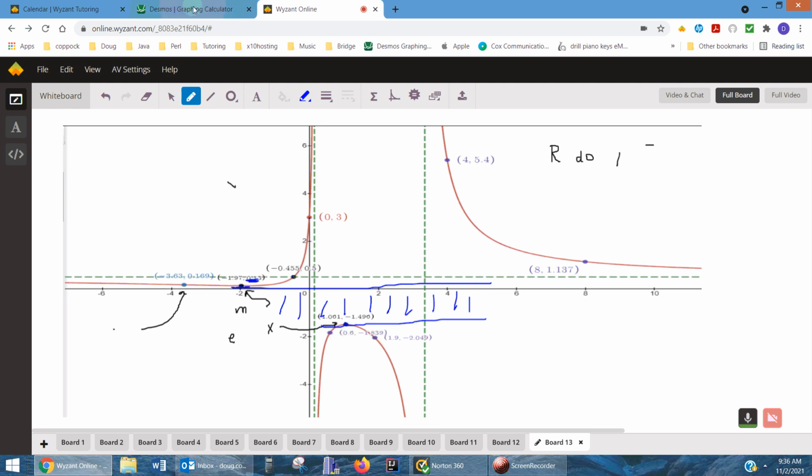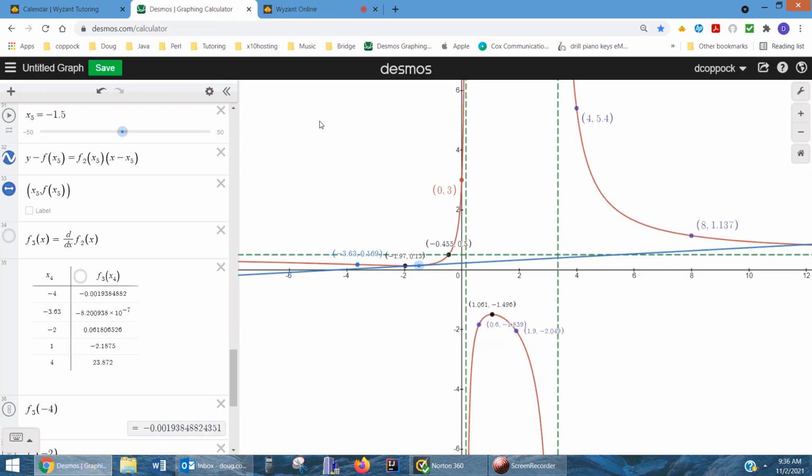Okay, finally, let's go to here and actually see the tangent line moving. So here's the tangent line, there's the point of inflection, there's the relative minimum where the tangent line is horizontal.